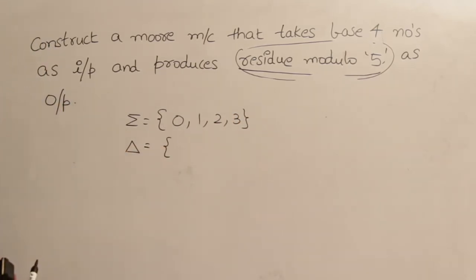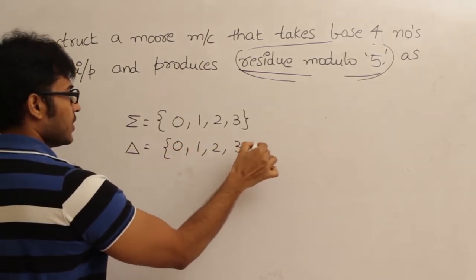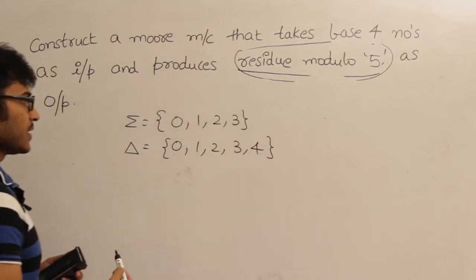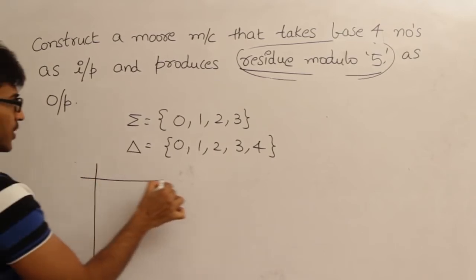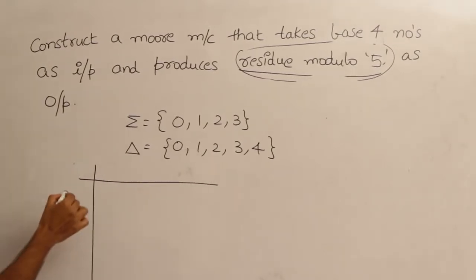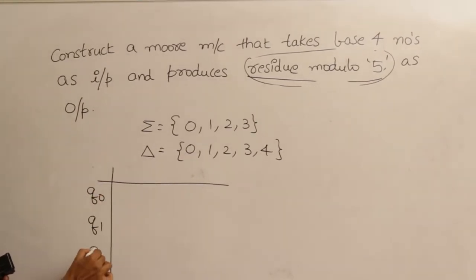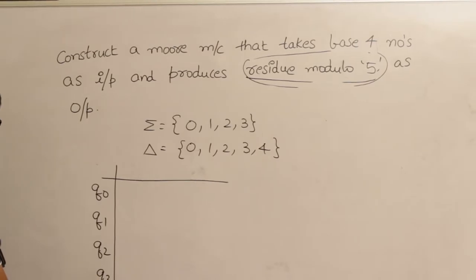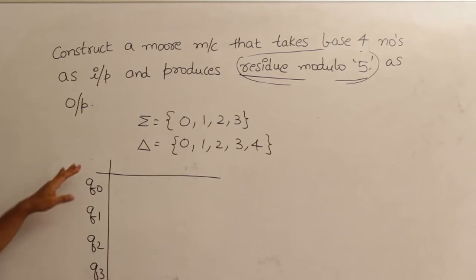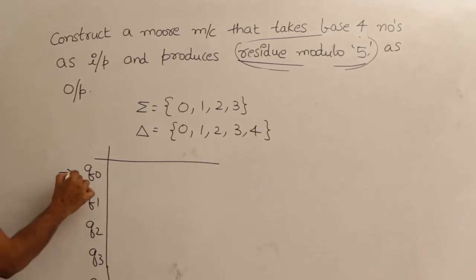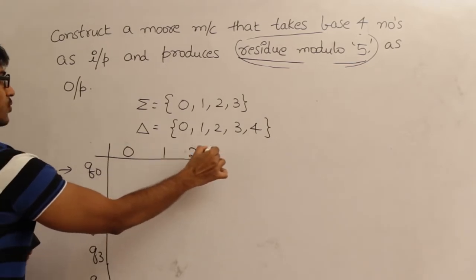What are the remainders when I divide any number by 5? 0, 1, 2, 3, 4. You can follow the ordinary method. Let us say Q0 is the initial state, and the inputs are 0, 1, 2, 3.